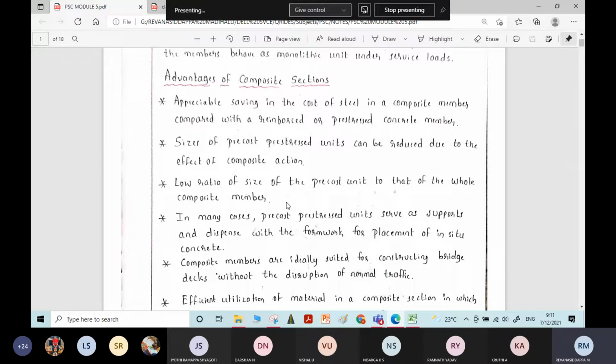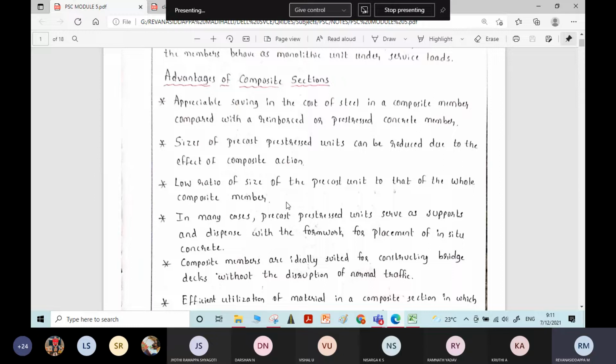Means, instead of going for higher grade concrete for the full section, the slab and the beam, for the slab normal concrete will be placed, and for the beam high grade concrete will be placed. That normal concrete will take care of the compressive stresses. No need to go for high grade concrete at the slab level.